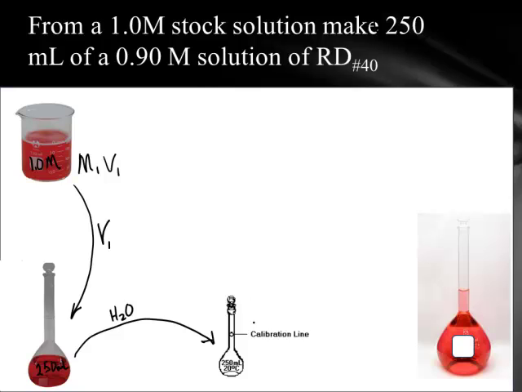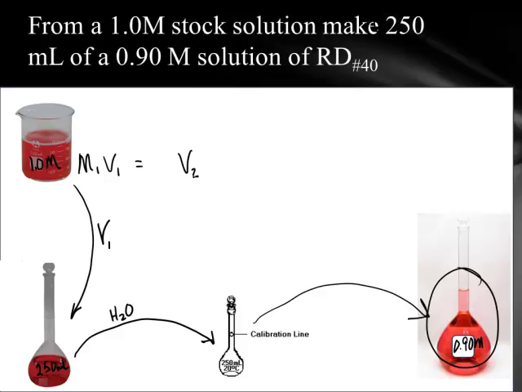And once we have done that, we will have our 0.9 molar solution of red dye number 40. Now, that means that here, how many milliliters are here? Well, we're going to call that V2.